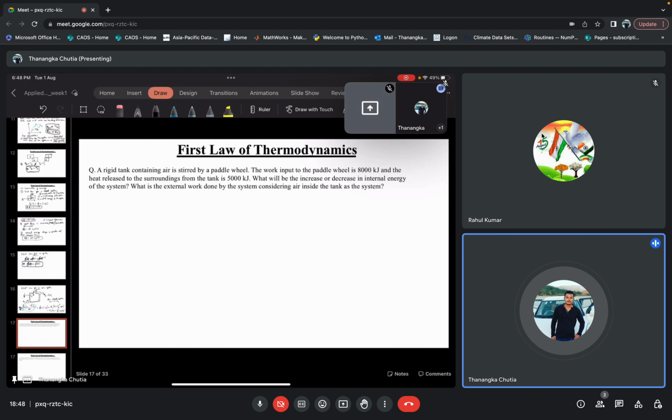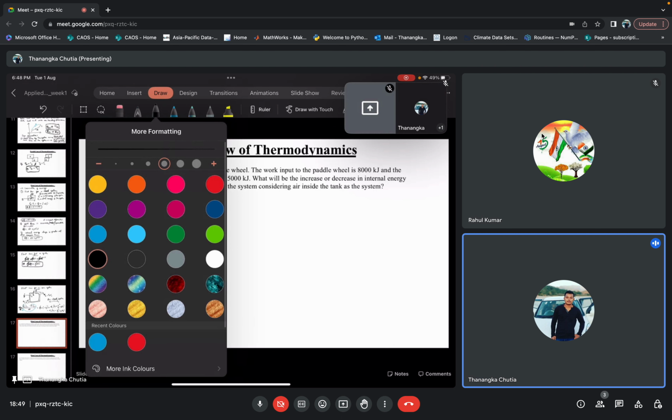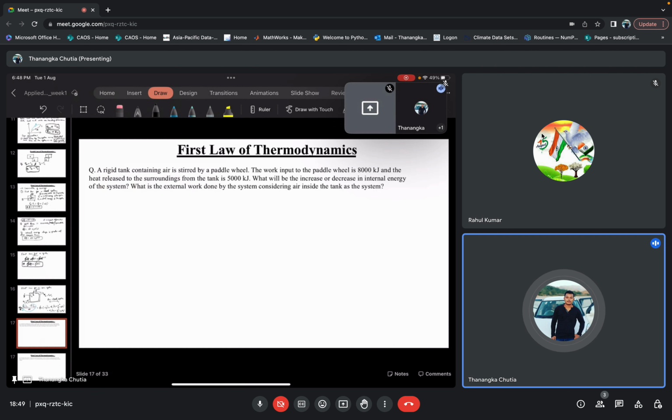A rigid tank containing air is stirred by a paddle wheel, and the work input to the paddle wheel is 8000 kilojoule, and the heat released to the surrounding from the tank is 5000 kilojoule. What will be the increase or decrease in internal energy of the system? What is the external work done by the system considering the air inside the tank as the system? So this is my system.